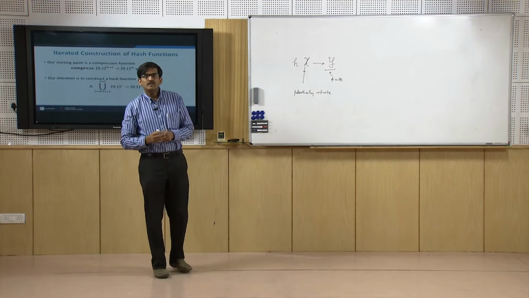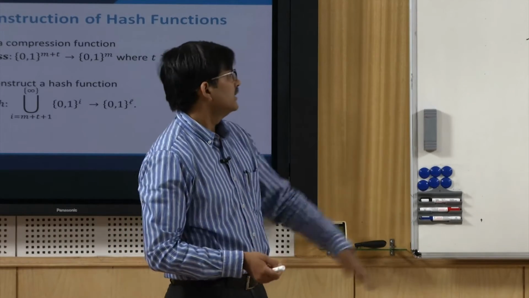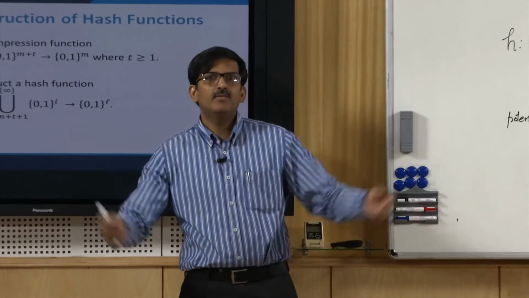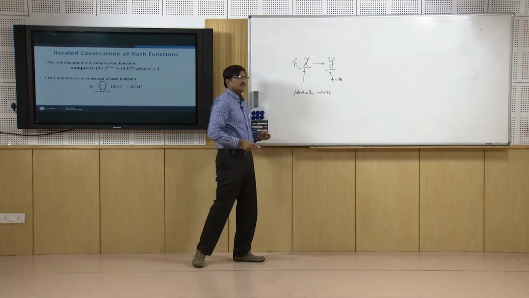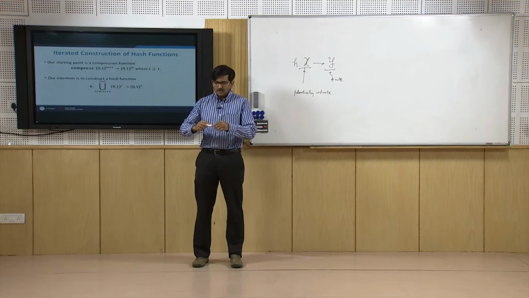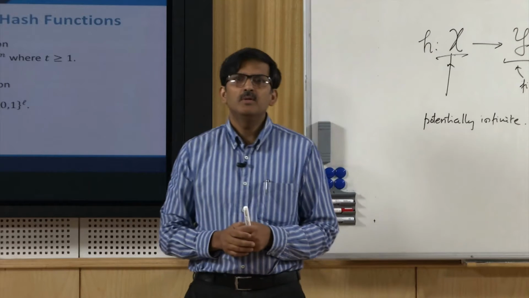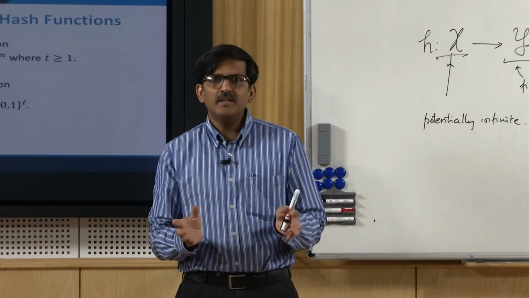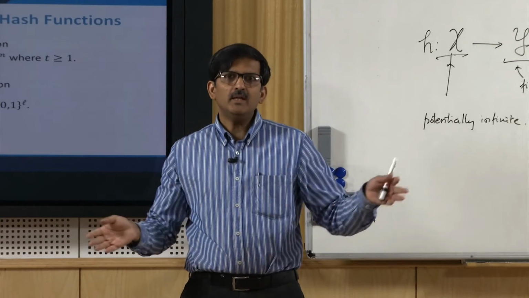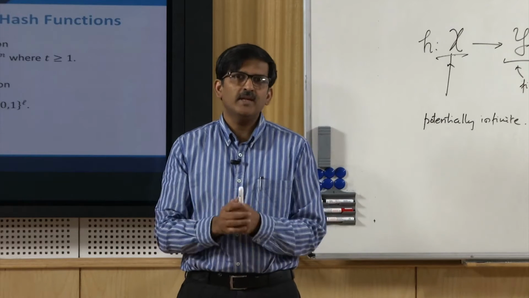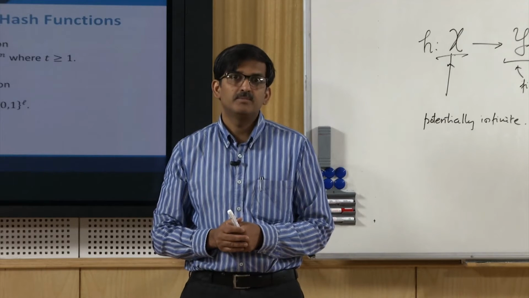Now, the trouble is that this compress cannot work always, because as I said, potentially we can have values of x larger than any previously determined value. So, we would like to build up a strategy so that we can scale up this function to any length of x, with the security conditions intact.